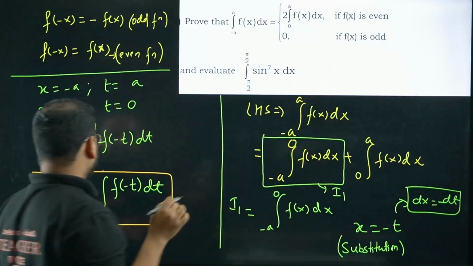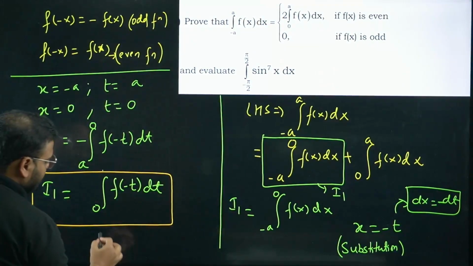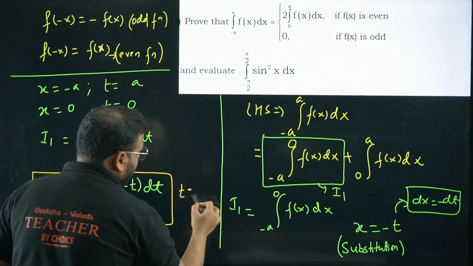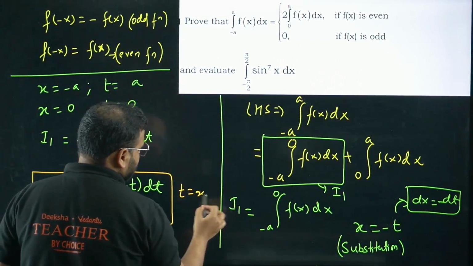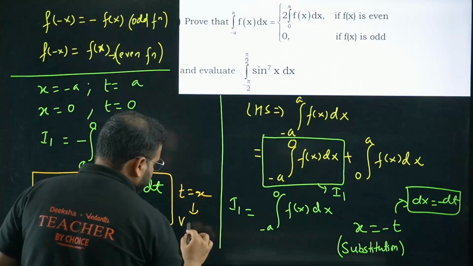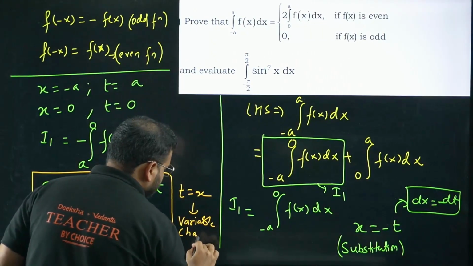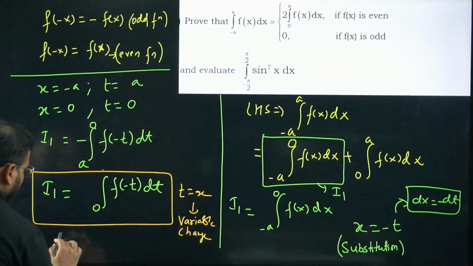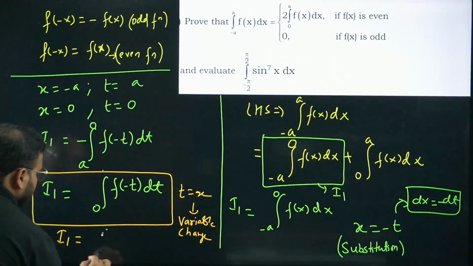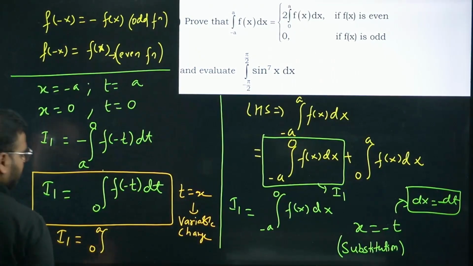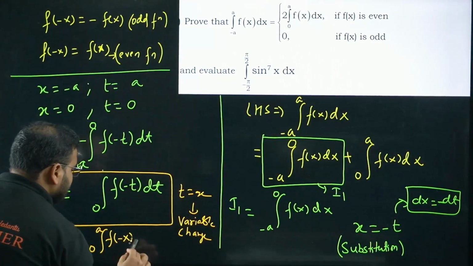One more thing I want to do over here only. I can change the variable, right? Next I'm doing here, switch the variable, t to x. Variable change. So what will happen to this? It will become I1 equals to, please check, 0 to a, no change in the limit, f of minus x dx.